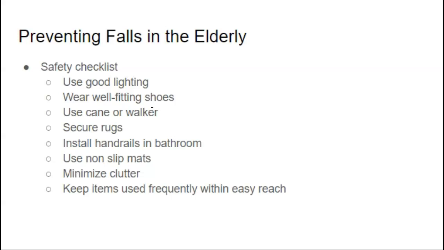And so there are actually checklists that can be given out to the elderly or family members, finding out whether or not this is actually what's going on in their household. And they'll ask questions: is there a lot of clutter? Do you have this? Do you have that? And there are ways of getting some of this stuff, the cane and the walker, and the handrails, installed in the house of a geriatric patient that needs it.